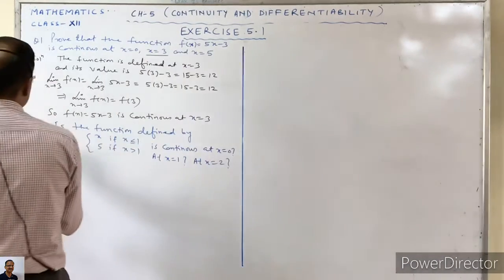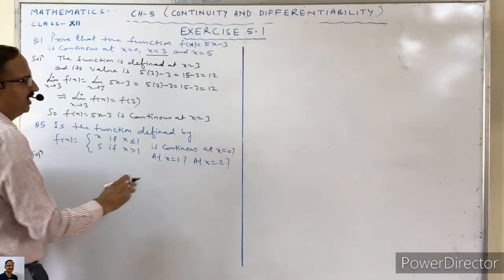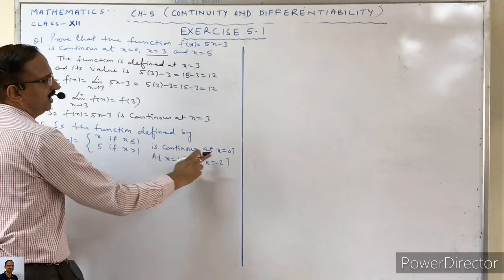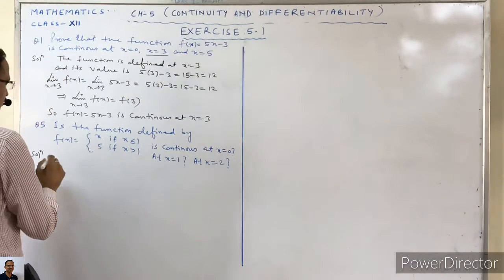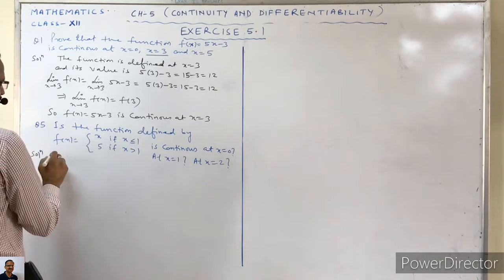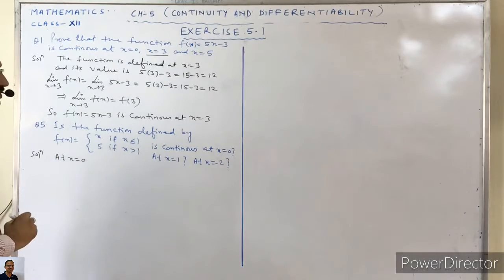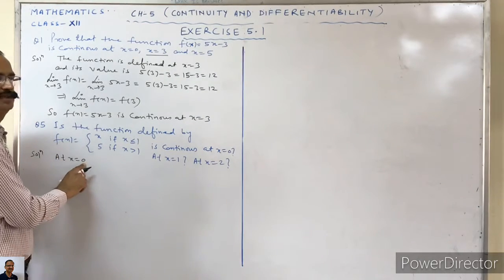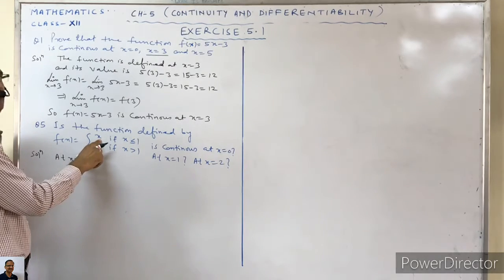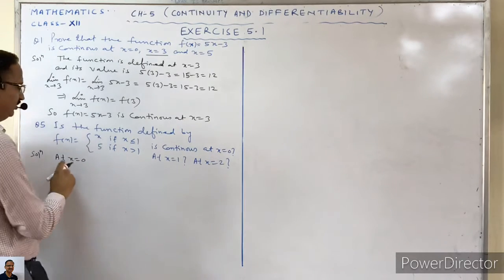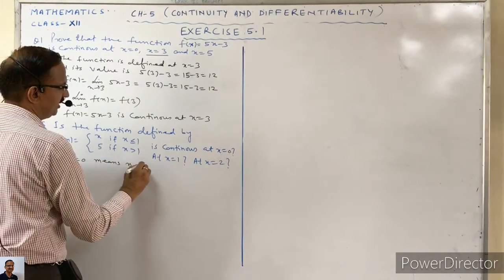So we have to check at x equal to 1, x equal to 0 and x equal to 2. I am starting with x equal to 0. At x equal to 0, this is less than 1, so x is less than or equal to 1.